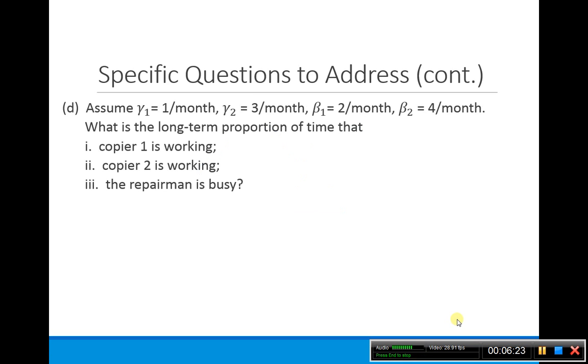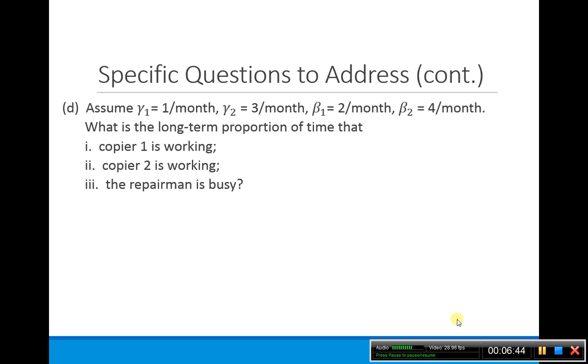Okay, so now some specific questions. We want to figure out the long-term proportion of time that copier 1 is working, copier 2 is working, or that the repairman is busy. So we're going to give specific rates here. We assume the rate at which copier 1 fails is once per month. Copier 2 fails 3 times per month.